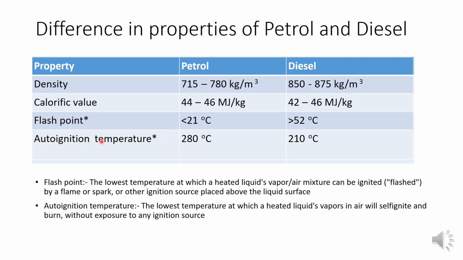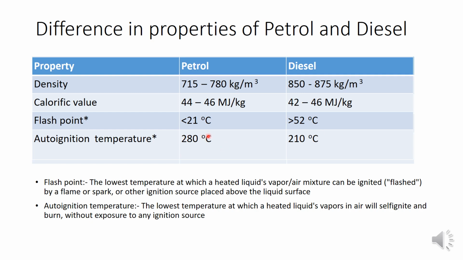So you see that comparison. That means diesel is designed for auto ignition. Diesel is particularly suited for auto ignition because its auto ignition temperature is lower. So it does not require any external agency like a spark or flame. We have to simply increase the temperature, and normally that is achieved by increasing the pressure in the engine.